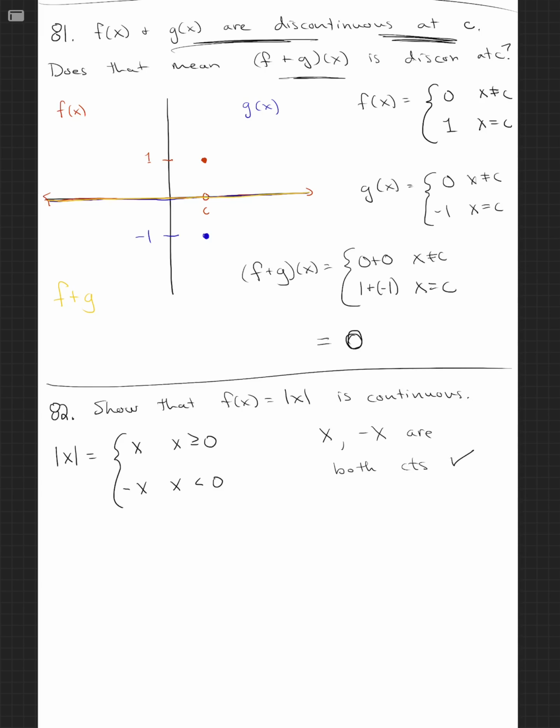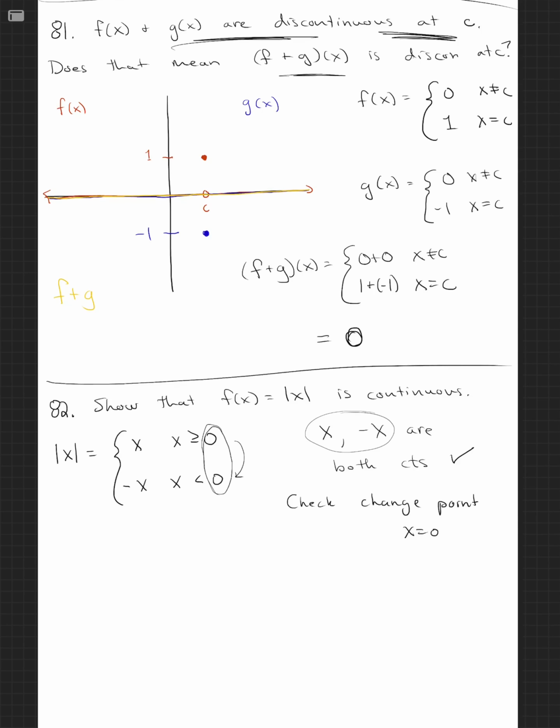So that means we've got a lot of the checking out of the way. Almost all of the values for x belong to just one of those two things. But then we have to check the change points, right? So we need to check the places where we go from one piece to another. Specifically in this one, we need to check x equals 0.